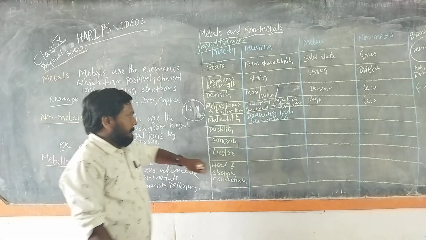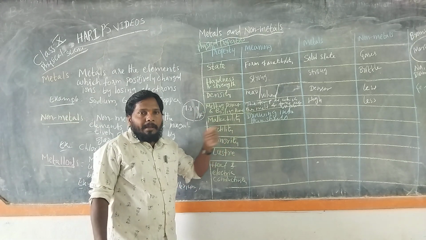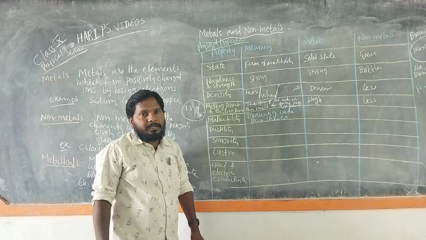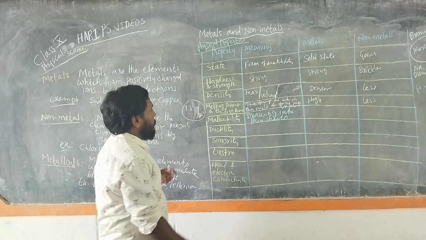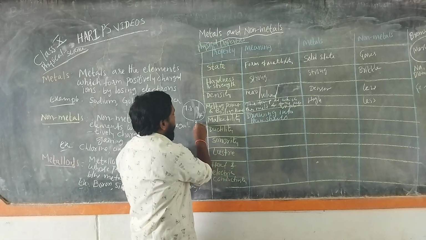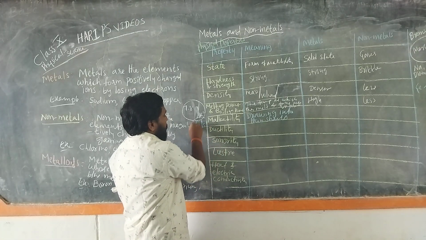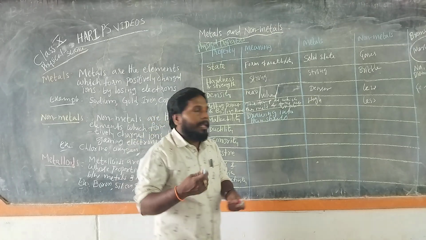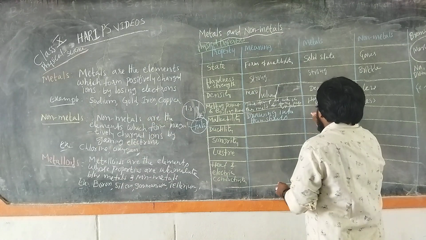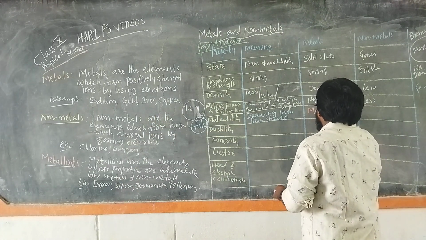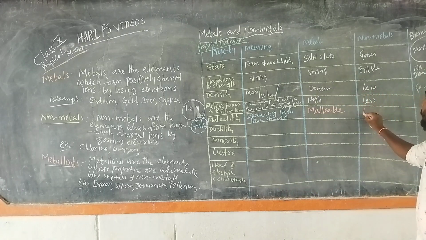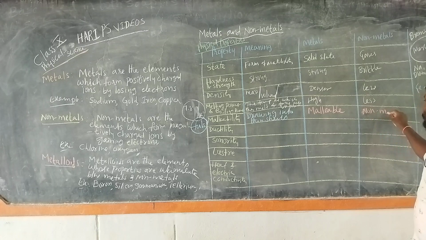So by hammering, metals go into thin sheets. The thin sheets we can call foils. So metals are malleable, whereas non-metals are non-malleable.